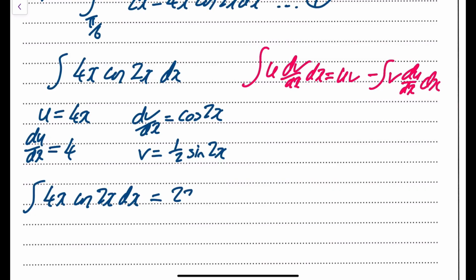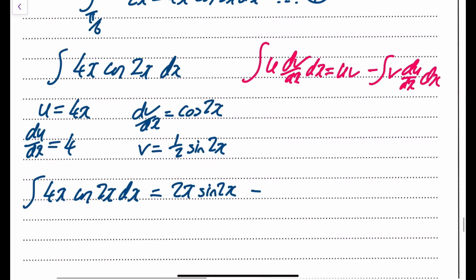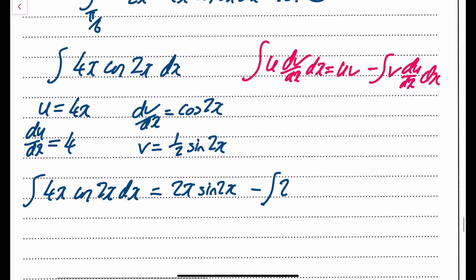So that's just 2x sine 2x. And then minus the integral of my v du by dx. So a half times the 4 is just going to be 2 sine of 2x dx.